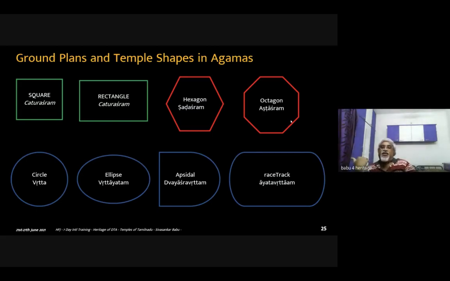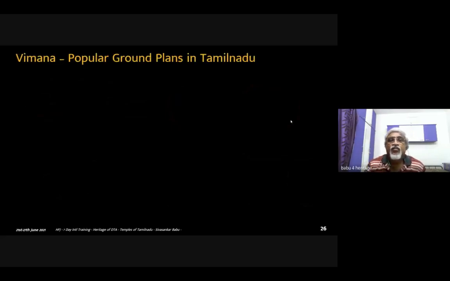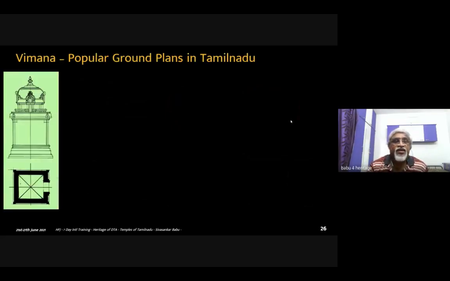Probably they might have had temples like that, but we are not seeing many. What we see are the basic 8 shapes available in South India. So out of these 8, let us see the popular ground plans one by one.